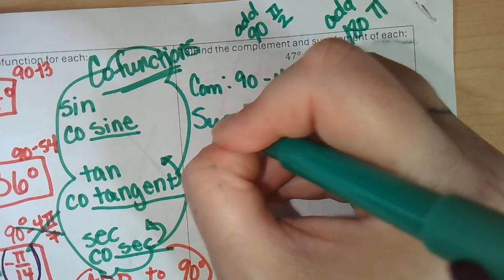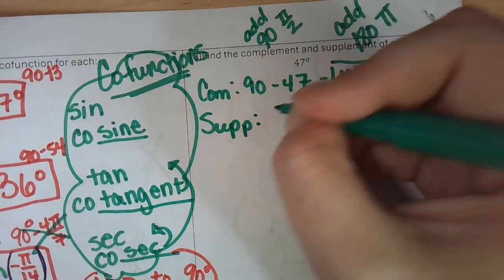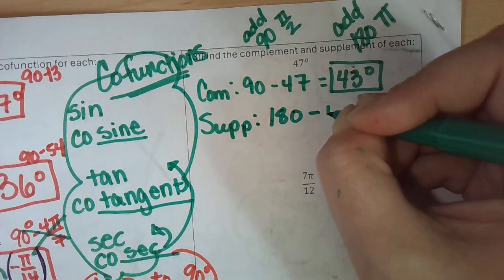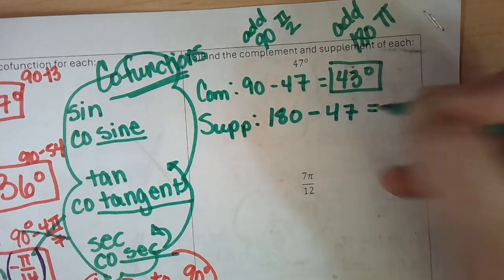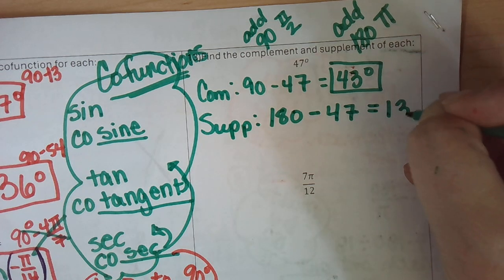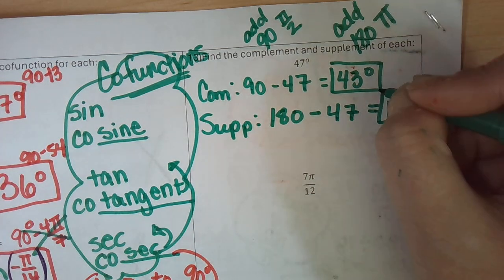Now let's do the supplement. Another way of thinking of adding to 180 is thinking about it backwards, subtracting from 180. 47 subtracted from 180 is 133. Woo!